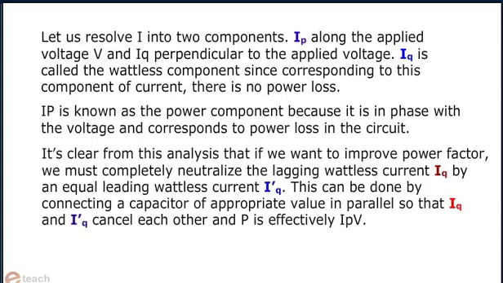If we want to improve power factor, we must completely neutralize the lagging wattless current IQ by an equal leading wattless current I-Q. This can be done by connecting a capacitor of appropriate value in parallel so that IQ and I-Q cancel each other and P is effectively IP into V.